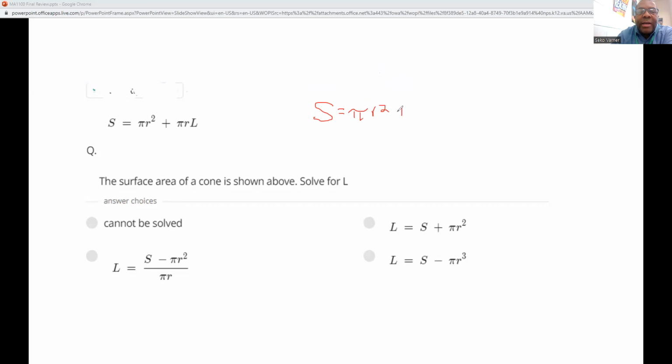You see, I'm rewriting it because it helps me understand what I'm working with. And I want to solve for L. So first thing I want to do is get rid of this from this side of the equal sign. And I'm going to do that by subtracting pi r square from both sides, okay?